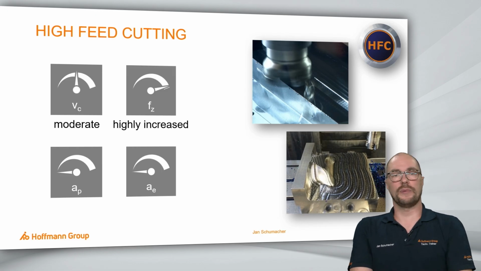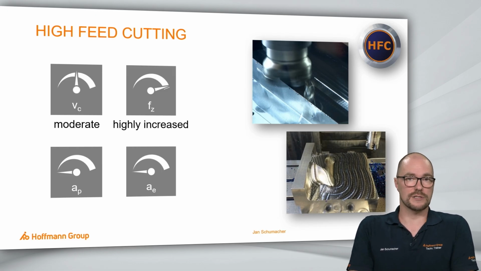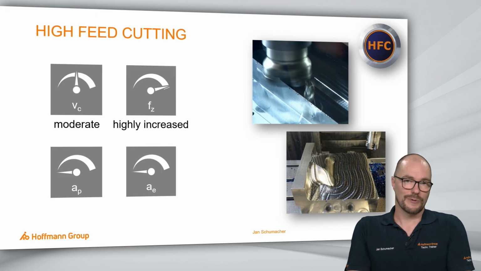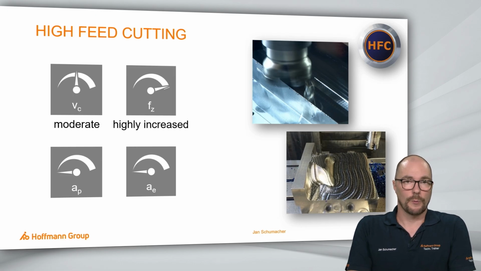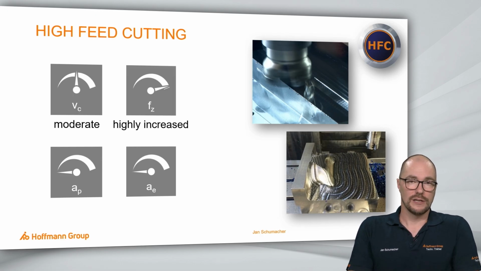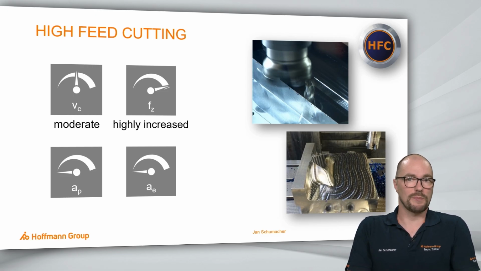Well, compared to a standard solid carbide end mill, where we may have 0.15 or 0.2 millimeters per tooth, with high feed cutting tools, we achieve like 10 times those values. So values of 1.5 up to 2 millimeters per tooth are quite common.